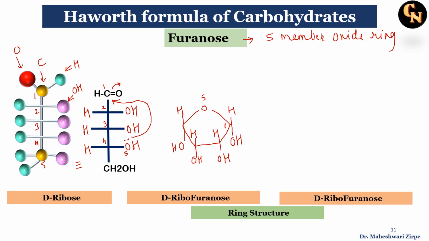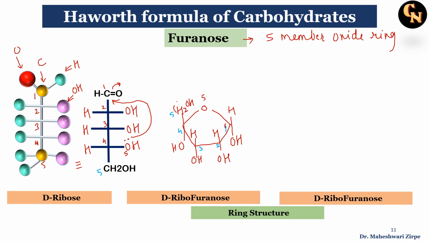And this one, let me draw it with the blue pen. 1, 2, 3, 4, and the fifth will be here. That is this carbon. Here we have to show the fifth carbon. What is that fifth carbon? It is CH2OH.